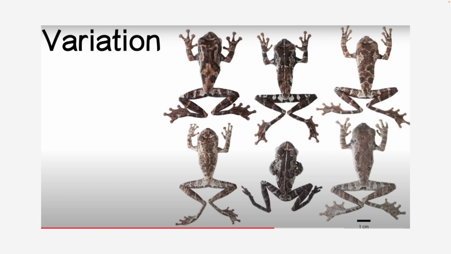When you look at this picture I have here, you could say maybe some frogs or some toads, six of them, and you can see the variation between each of the frogs. Maybe some have wider feet or smaller feet, longer arms or shorter arms. The color of their skin or body is completely different between each of these frogs. So that's just variation.